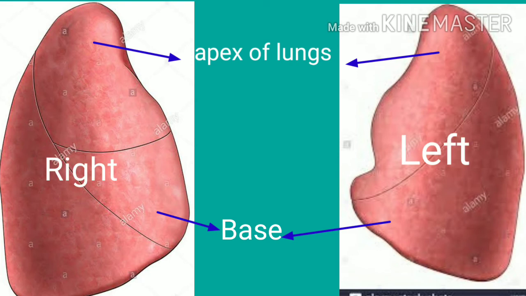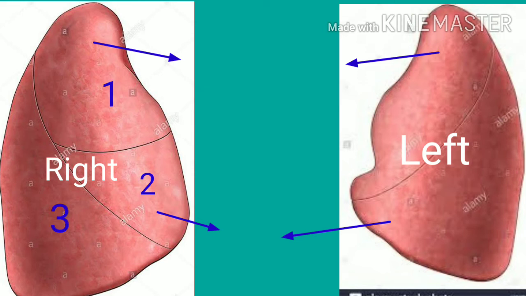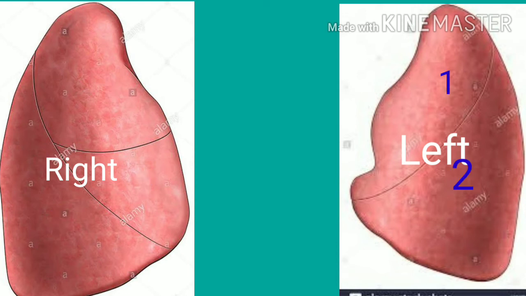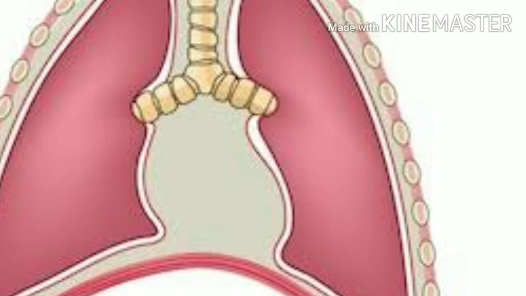Look at the picture here, right lung and left lung. Generally, a broad inferior portion of the lung is called the base of the lung. Next, a narrow superior portion of the lung is called the apex of the lung. Observe clearly, the right lung has 3 lobes, whereas the left lung has 2 lobes. Observe the picture.